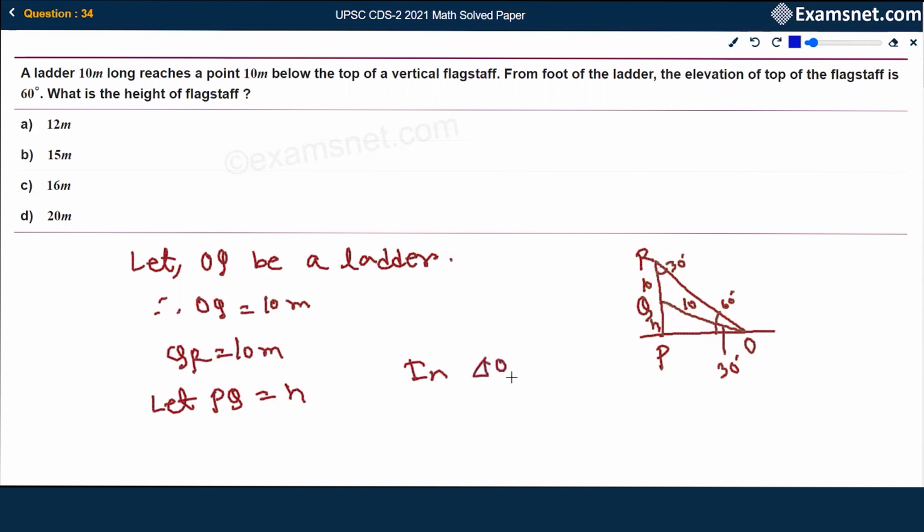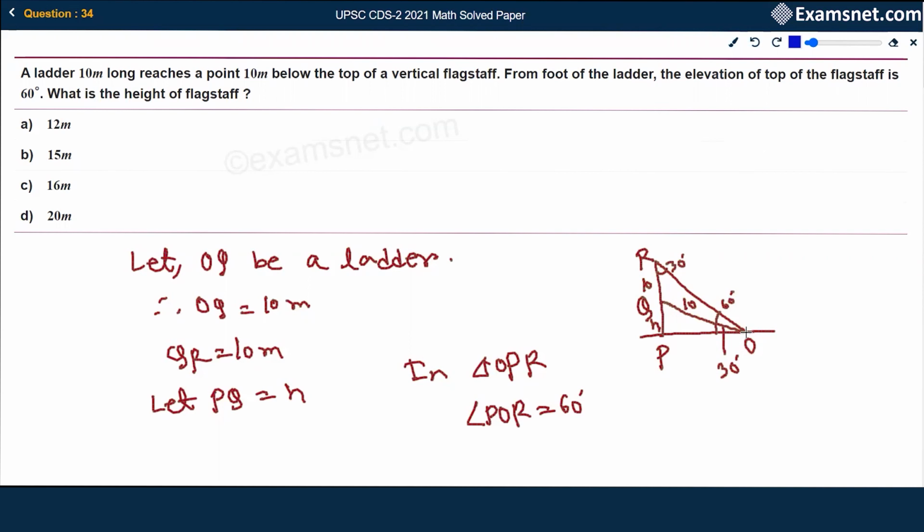So in triangle OPR, it's given that this angle is 60 degrees. Angle POR is 60 degrees, because it's given from the foot of the ladder.